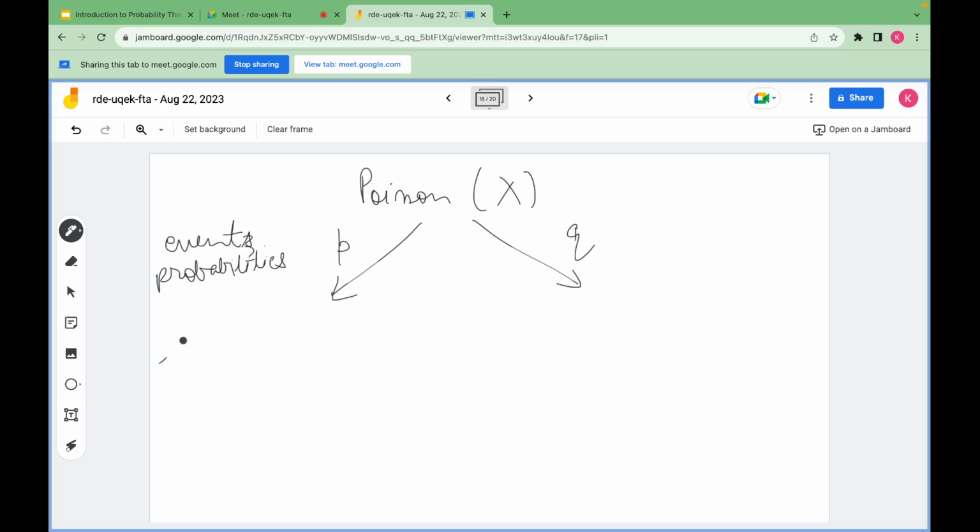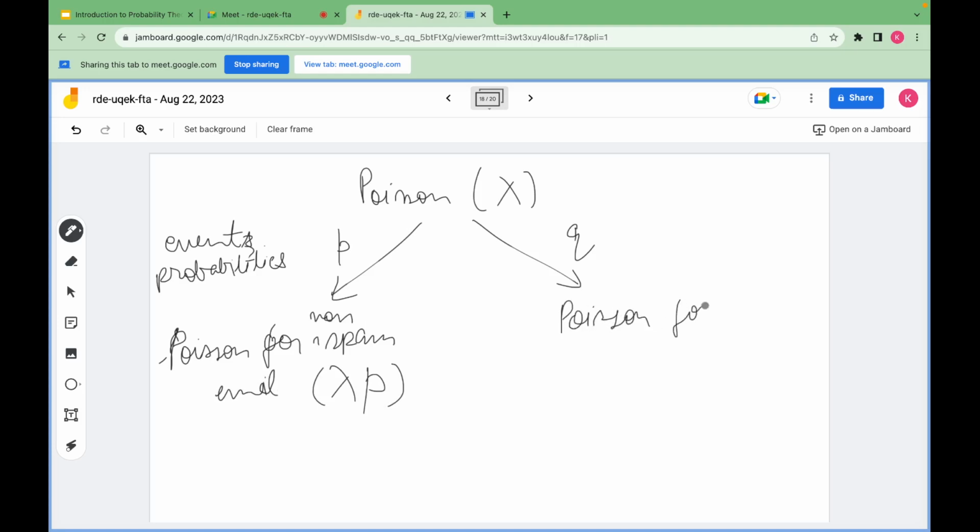So this is the Poisson for non-spam email, with parameter lambda times p. And the Poisson distribution for spam email has parameter lambda times q.